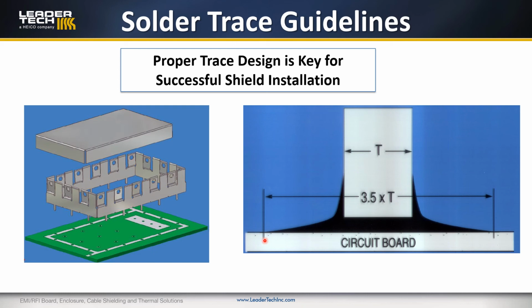What that does is it ensures a good solder joint. The solder wicks up the side of the shield, and it gives you a good solid joint. Again, 3.5 times is the minimum. We always recommend more if you have the room on your layout.